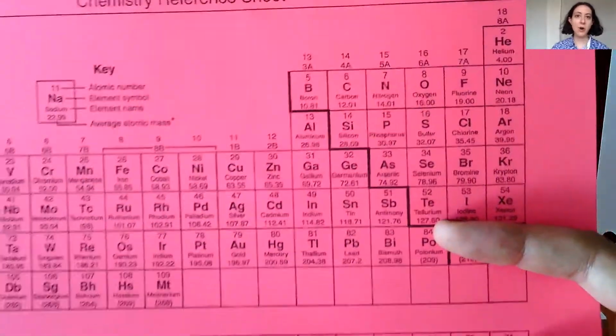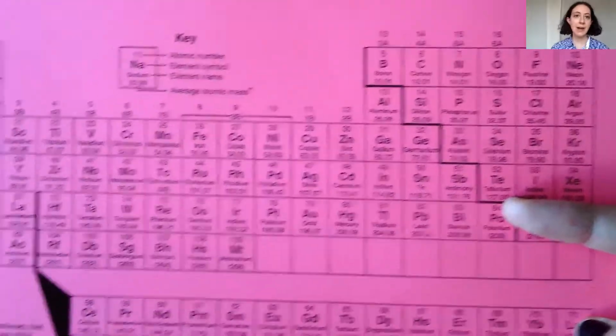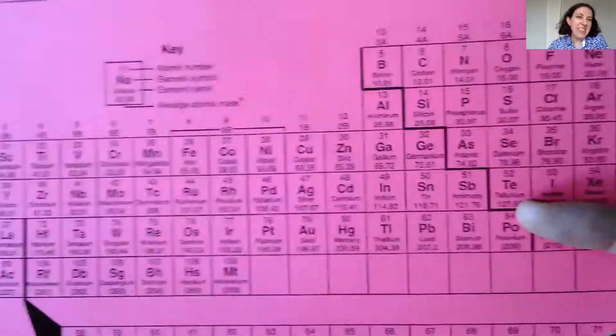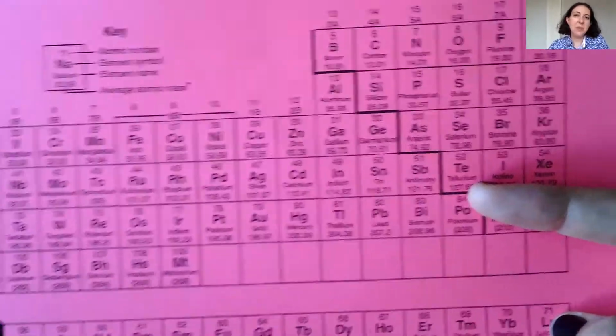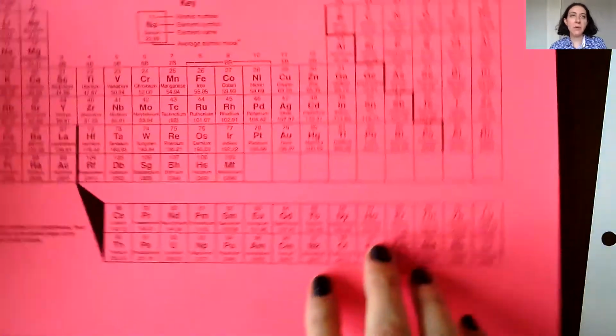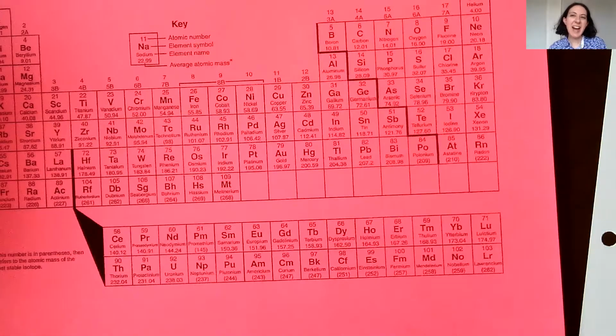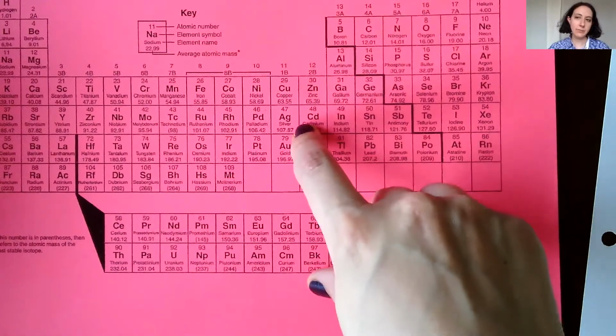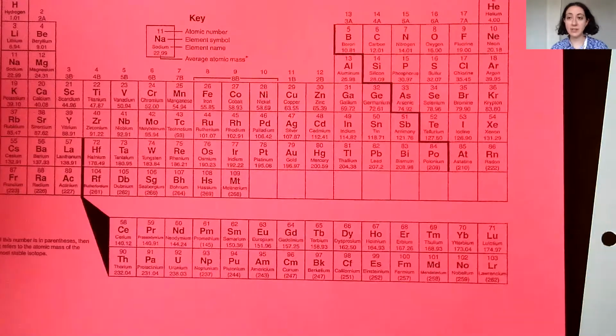If you notice, it has all the names of all the elements on here. It would be nice if you could find them quickly, if you didn't have to read through every single one. So if you're looking for, let's think, silver, it would be kind of cool if you knew that it was somewhere in the middle. Oh, hey, it's right there. Otherwise you're searching all over the place.